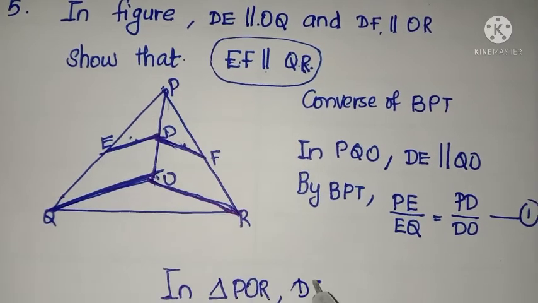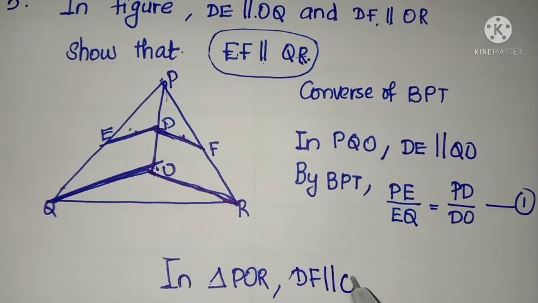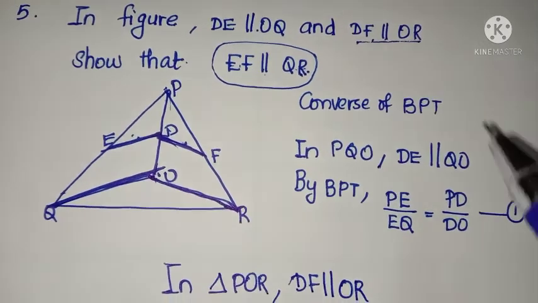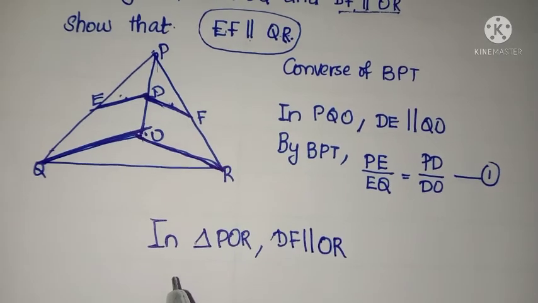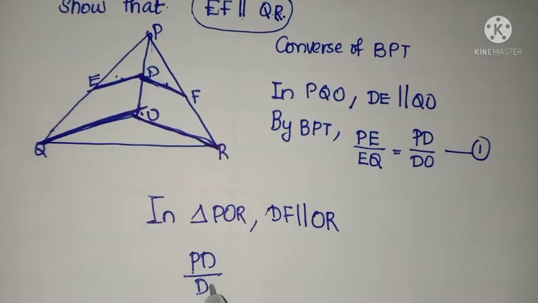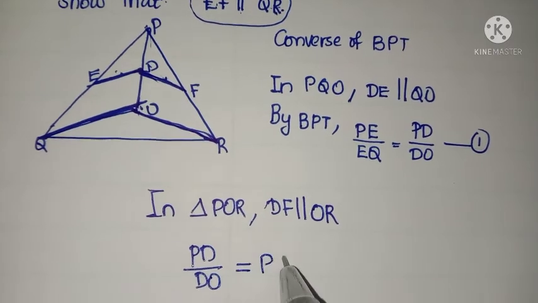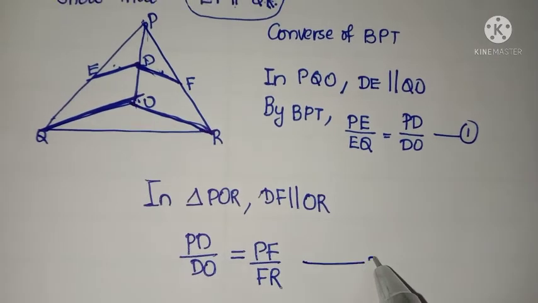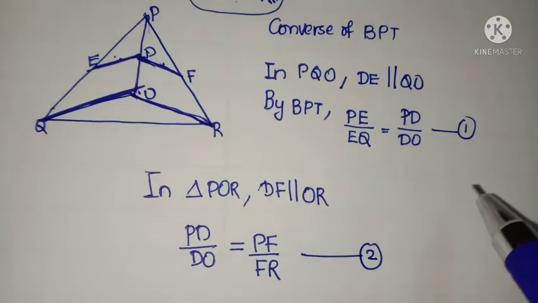Yes, DF is parallel to OR. That is given. So by basic proportionality theorem, PD by DO is equal to PF by FR. Put it as equation number 2.